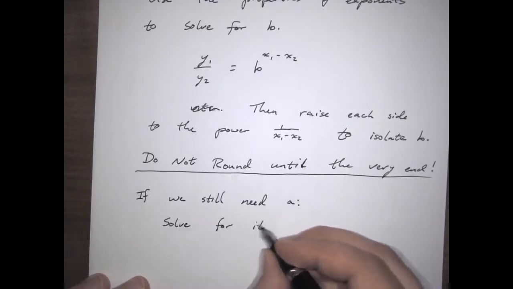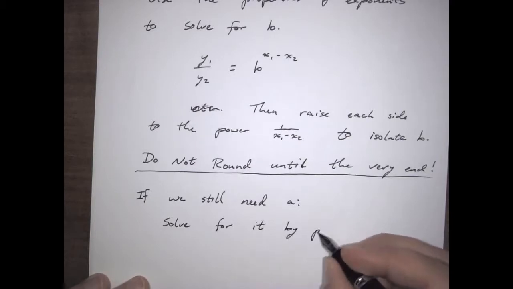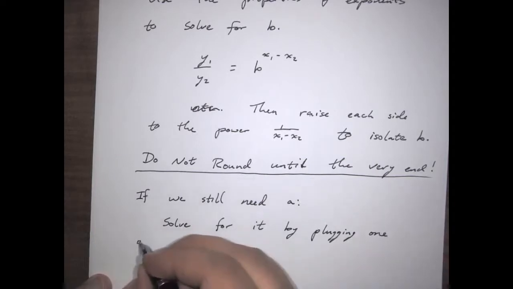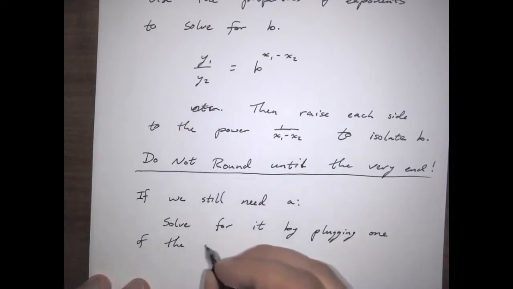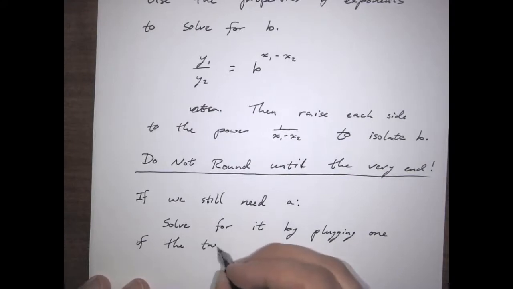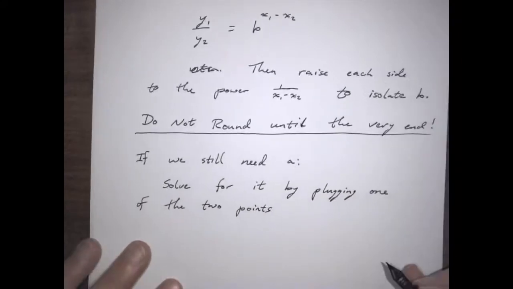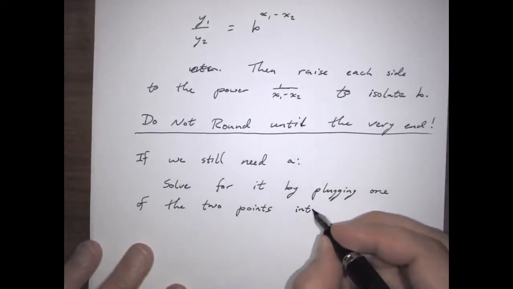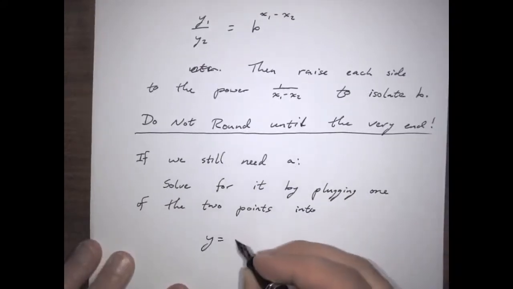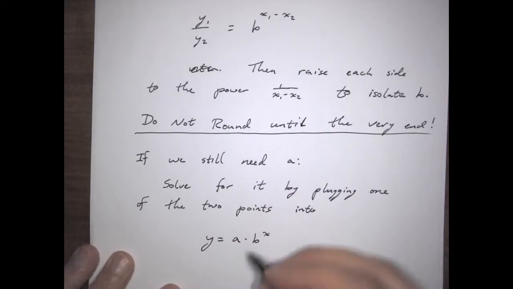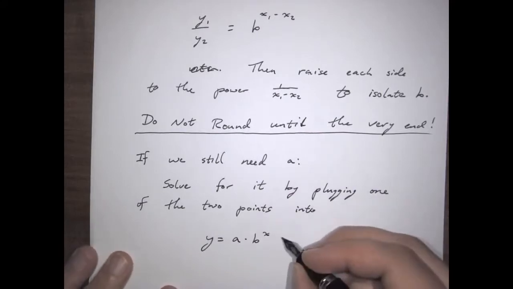Solve for it by plugging one of the 2 points into y equals a times b to the x. So put in the y value and the x value from one of the 2 points, either one, whichever one you think will be easier.